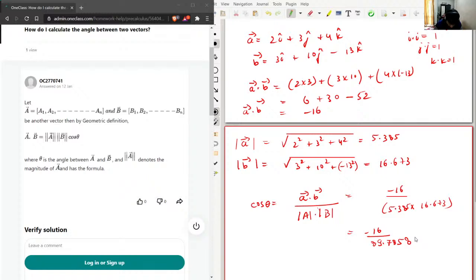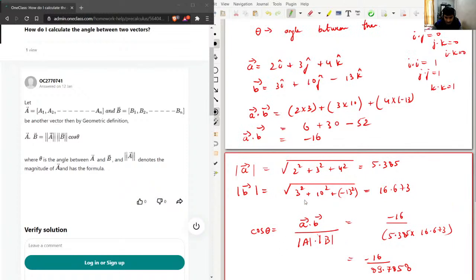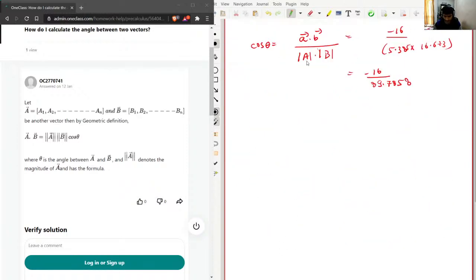Minus 16 divided by the answer will give me cosine of theta equal to negative of 0.1782.